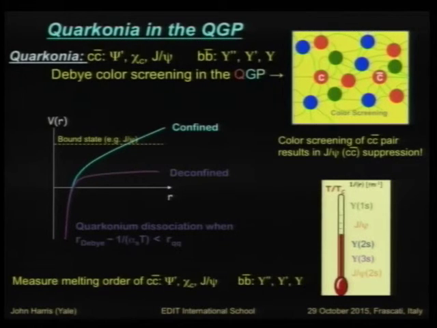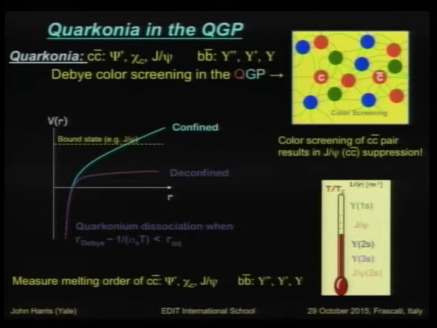The one at the lowest temperature compared to the critical deconfinement temperature, the first one, would be the J psi 2s, and then the upsilon 3s. So you see, these are all excited states of the J psi and the upsilon, which are larger.